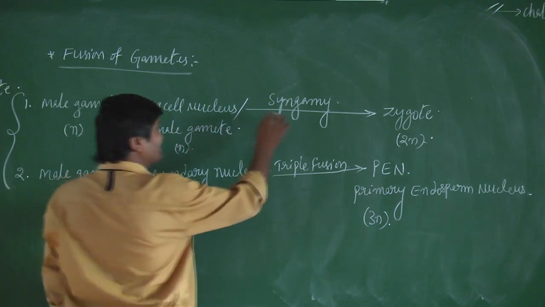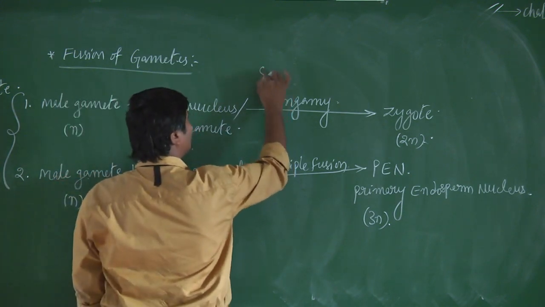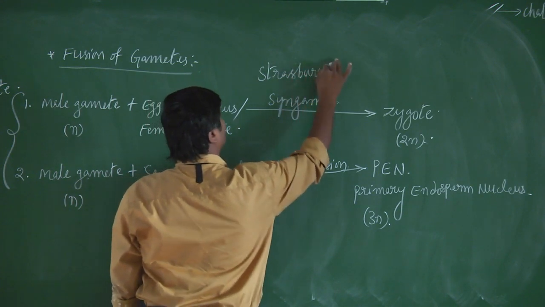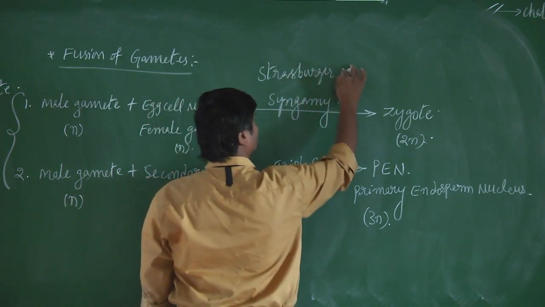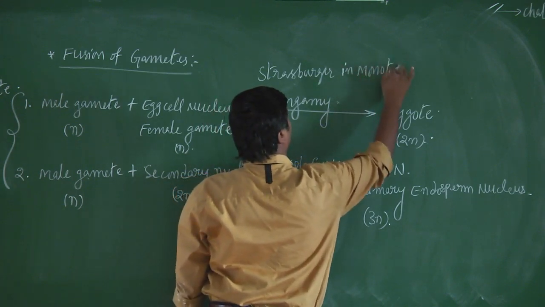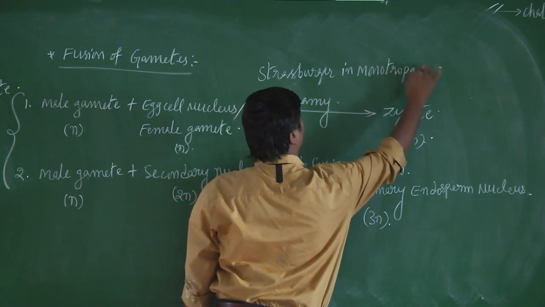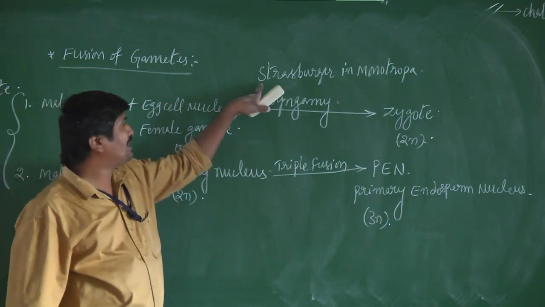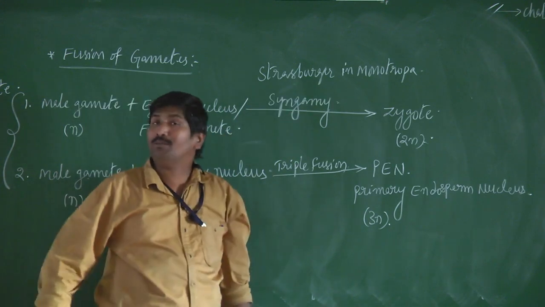Syngamy was discovered by Strasburger in Monotropa. Syngamy was first discovered by Strasburger in the Monotropa plant.